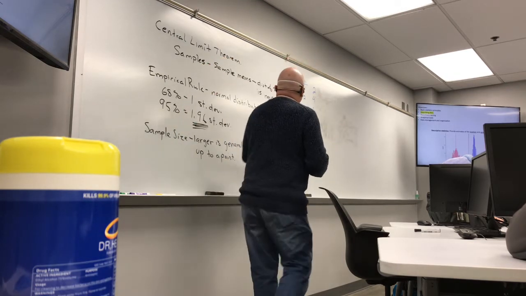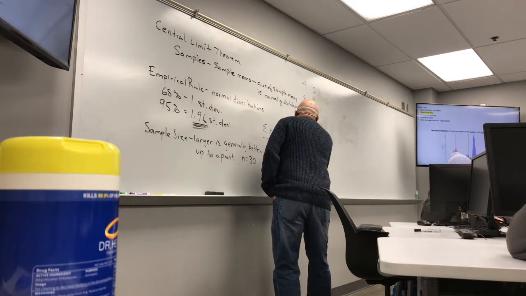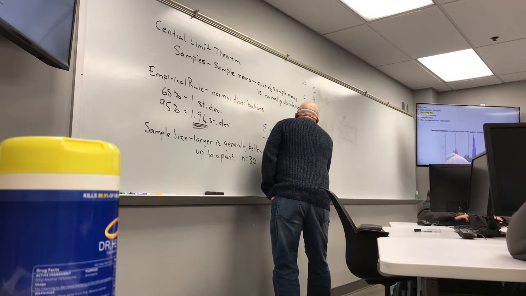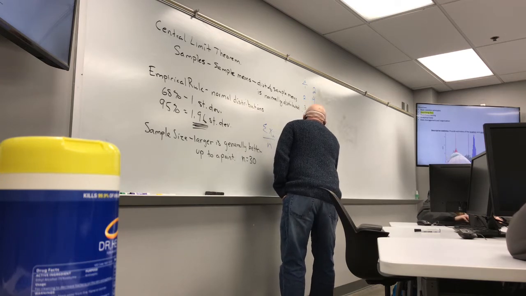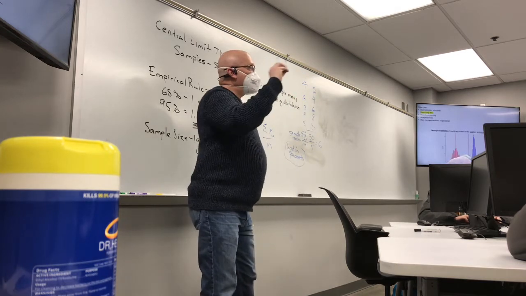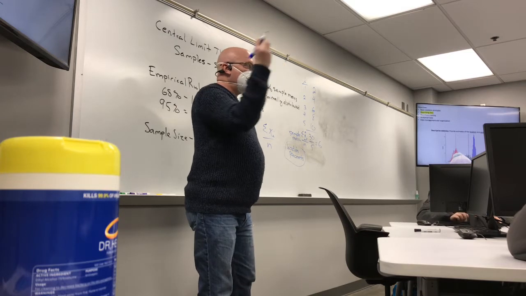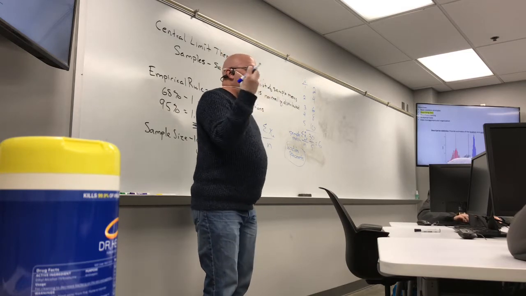So this is the sample mean. This is the first thing that you need. This is the location parameter. This tells you where the sample mean is pointing to in terms of the population mean. It's not the population mean, but it should be in the neighborhood of the population mean.